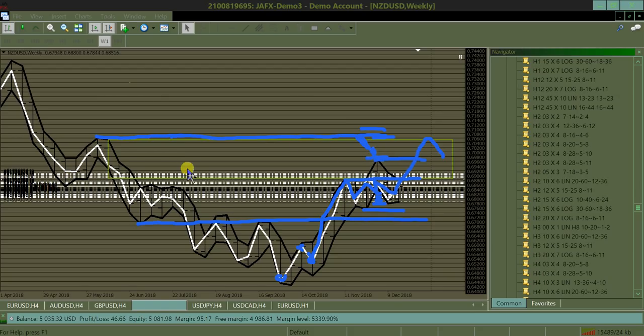But what we know about the market is it doesn't move in a straight line. This bottom is supposed to become a top. It crashes through it. This bottom was going to become a top. It crashed through it. Bottom was supposed to become a top.